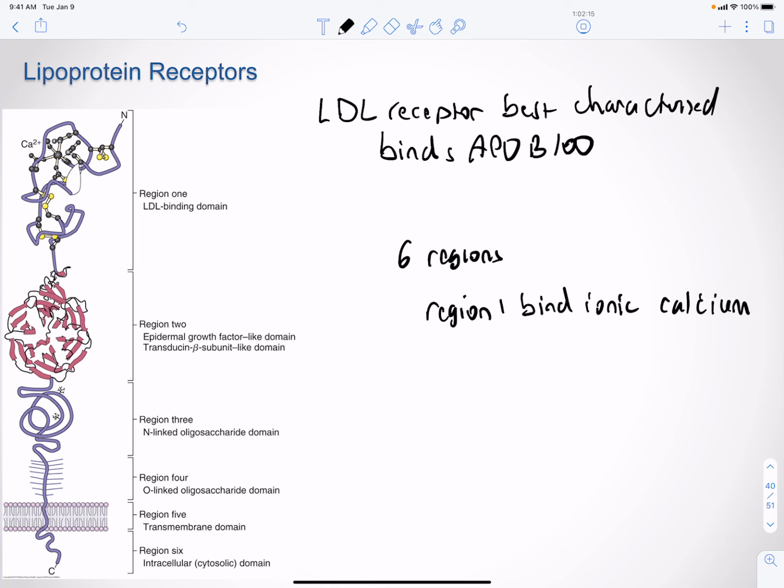And then when the side chains are protonated, the calcium is released and it leads to a conformational change that allows the LDL to disconnect from its receptor docking site. So calcium is important before you have receptor engagement.